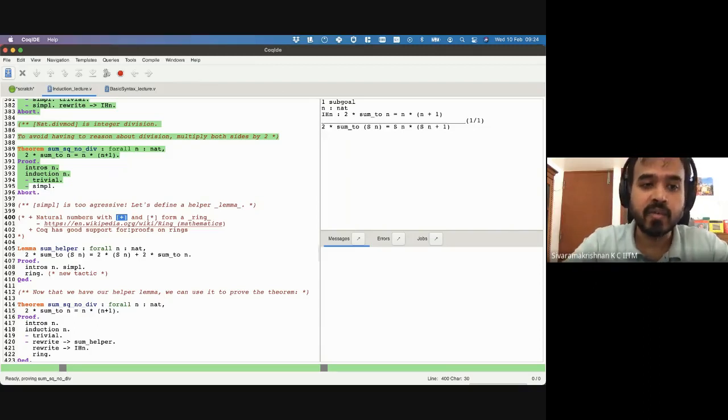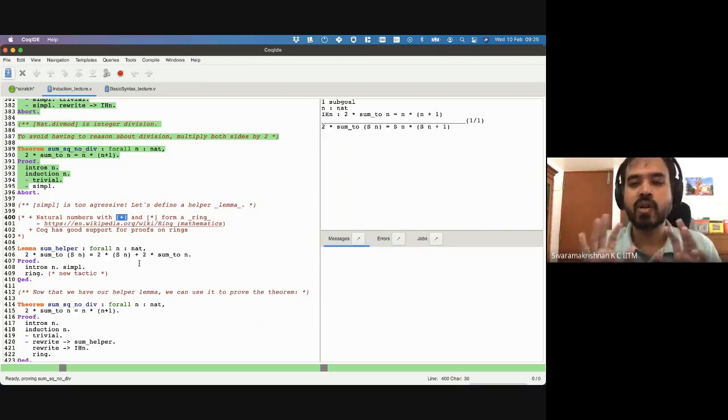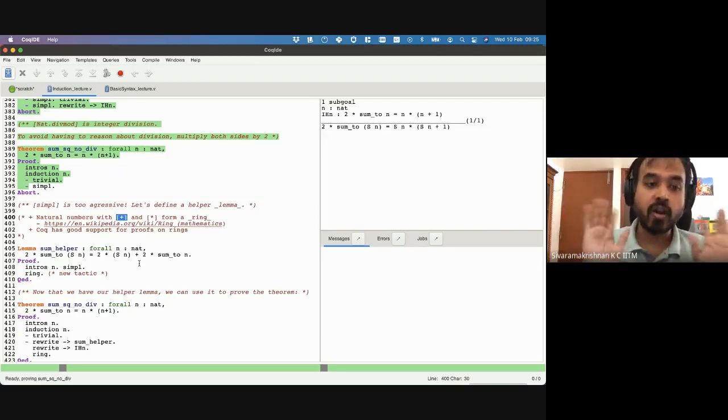Natural numbers with addition and multiplication form a ring. And Coq has very good tactics for solving equations, right? Proving equality with terms that involve natural numbers and additions and multiplications. It comes in very handy so that you don't have to deal with commutativity and distribution of multiplication or addition explicitly, right? So Coq knows how to do it.